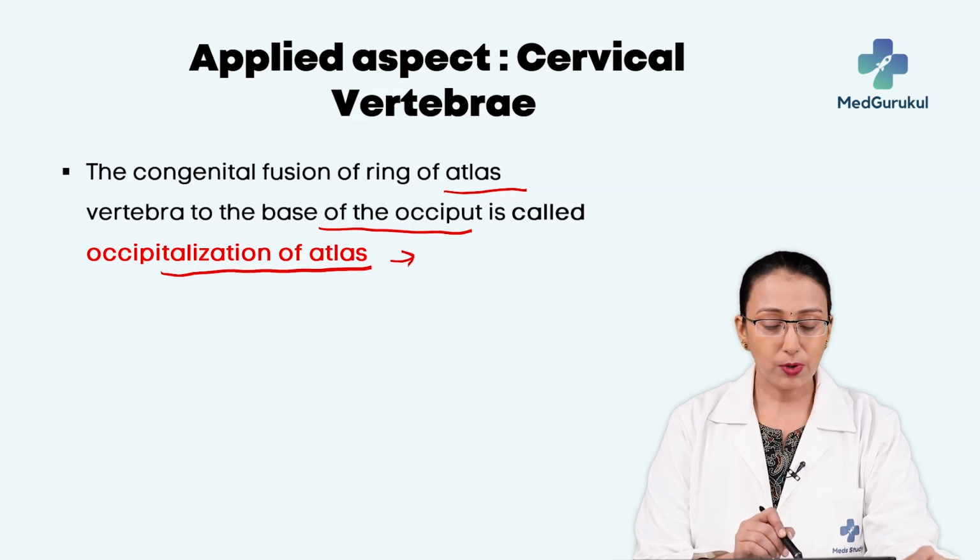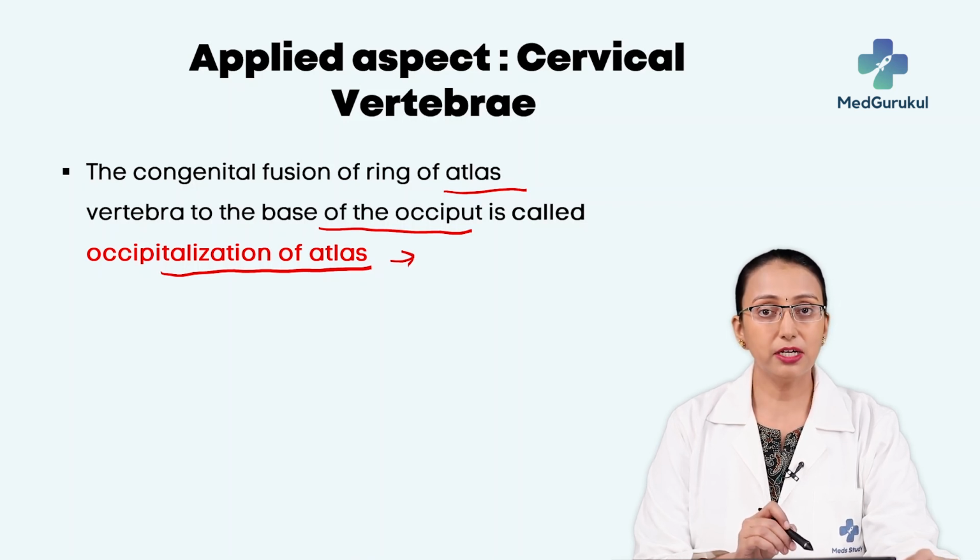So, the patient will come with pain in the neck region, and the blood supply would be decreased in these conditions, leading to numbness or weakness of the muscles of the upper limb.